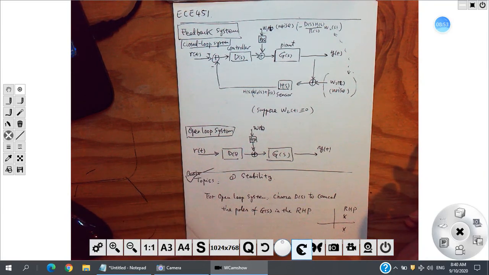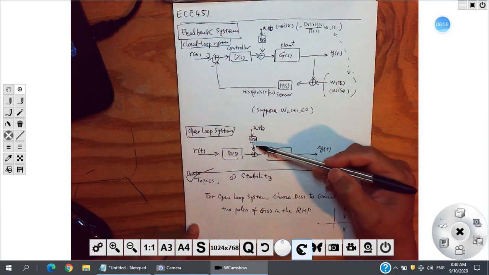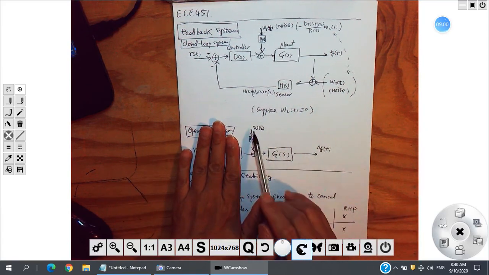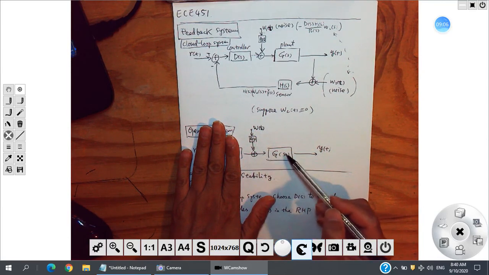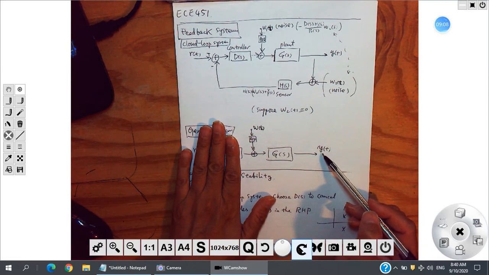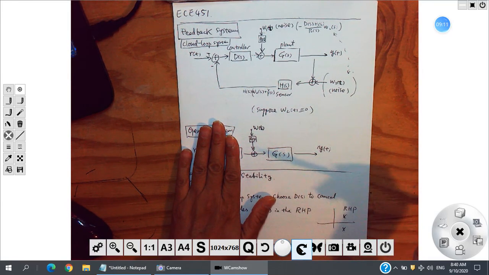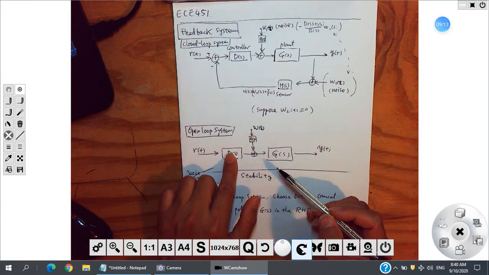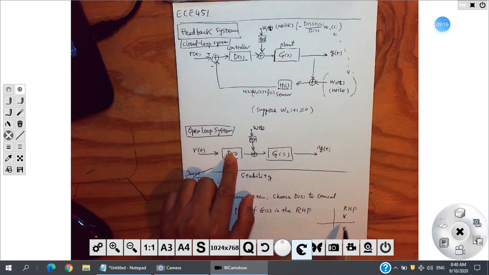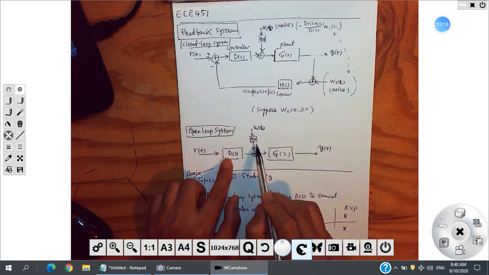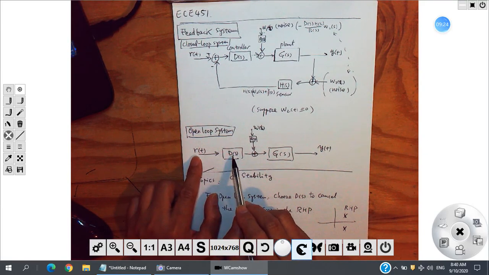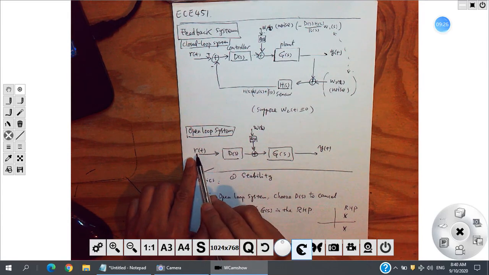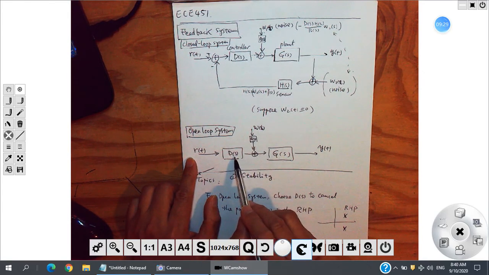But this way we have several issues. The first one: you cannot make this part stable. If G is unstable, then some noise may cause the system to give unbounded output. The output will go to infinity, right? You use D(s) here, you can cancel these poles, but this D is before the plant, so it only works for input R. For the noise, D does nothing.